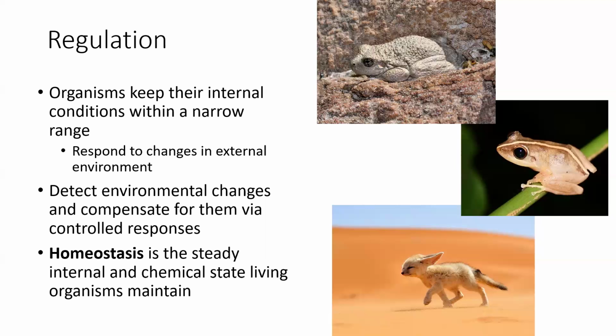I have a couple of different examples up here for you. I'm going to start at the bottom. Does anyone know what that is? It lives in this. Yeah, the fox, it's a fennec fox. Yeah, absolutely. They live in the Sahara Desert, so a super hot place, and a couple of adaptations that they have to kind of regulate their temperature. They have their feet or their pads covered in fur, which helps protect them from hot sand.